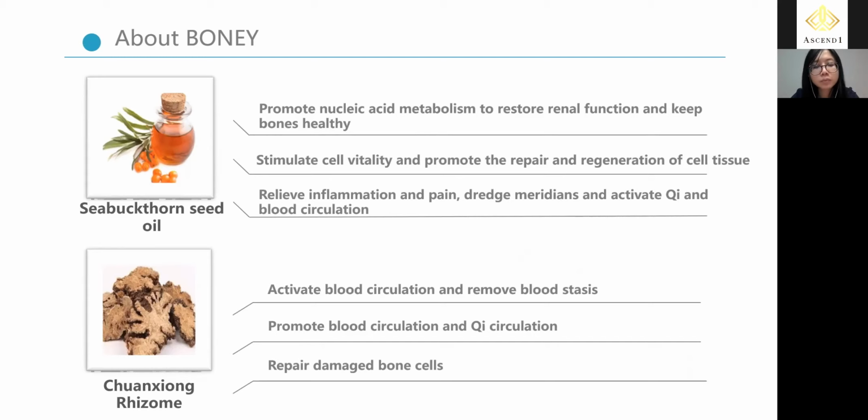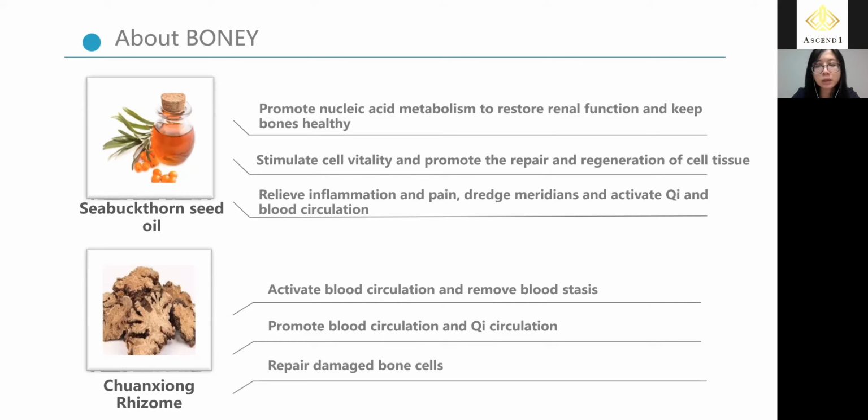The next ingredient is the Transhuman rhizome, a type of Chinese herb. It is rich in niacin, polysaccharides, various amino acids, vitamins, and trace elements. It mainly cleans our blood, improves bone microcirculation, increases bone blood flow, provides sufficient nutrients to the bones, and promotes metabolism and the supplementing of calcium and phosphorus to our bones.